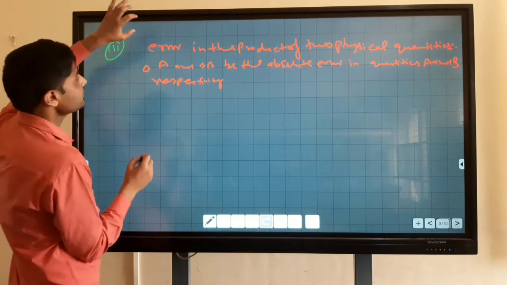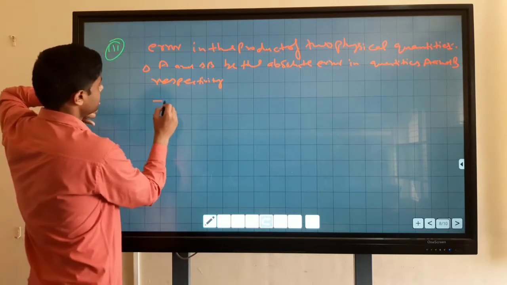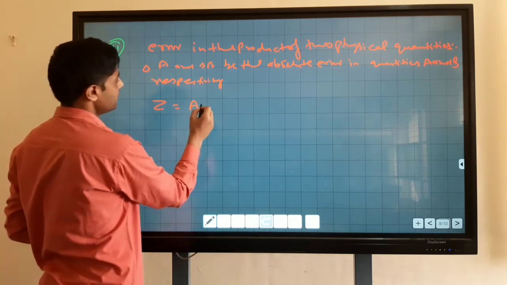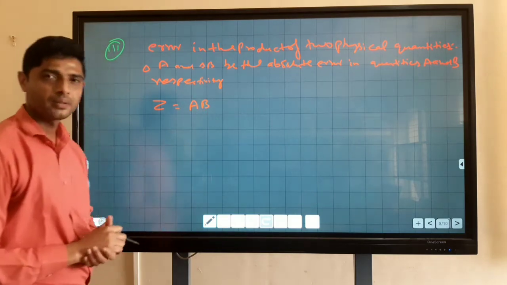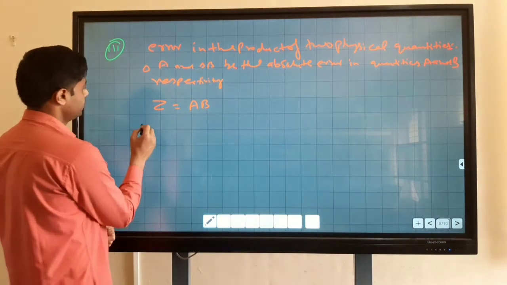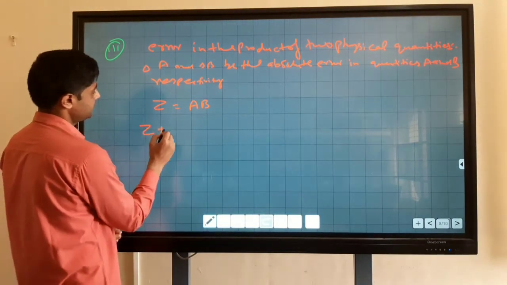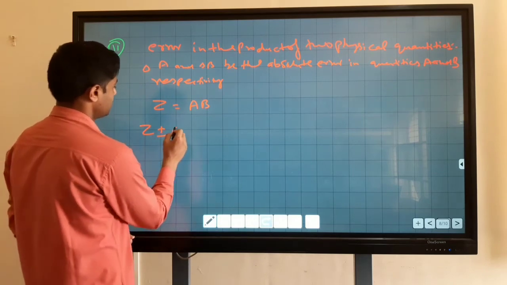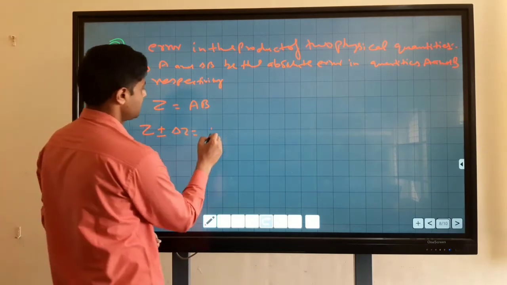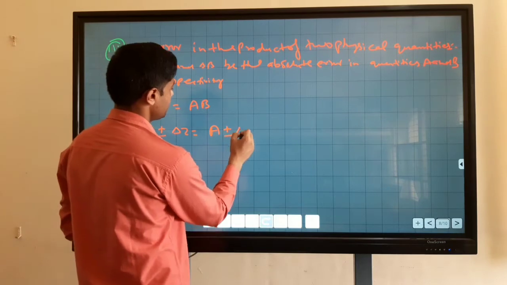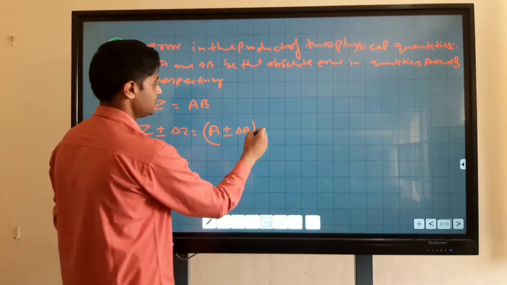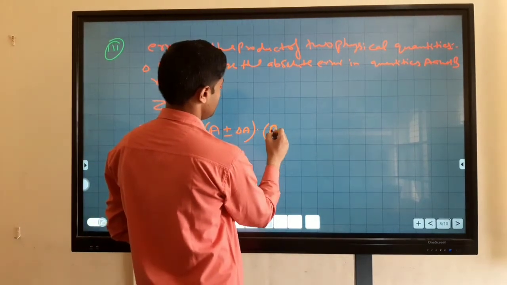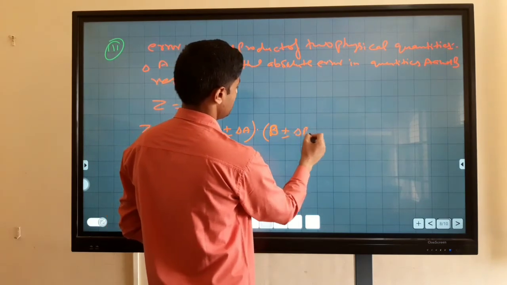Okay. Product. Let Z equal to A into B. And we have to find Z plus minus del Z, equal to A plus minus del A into B plus minus del B.